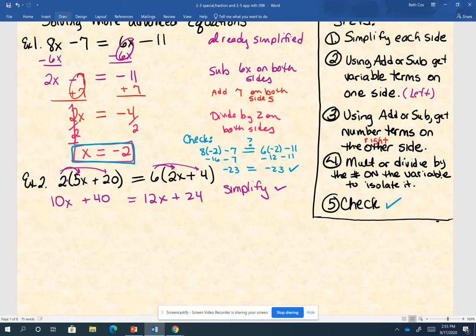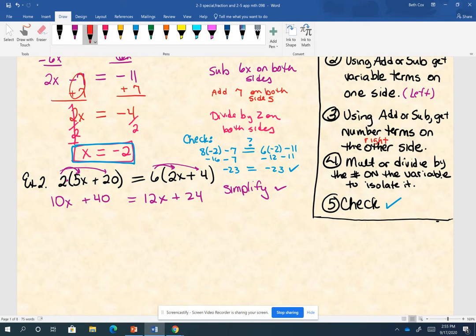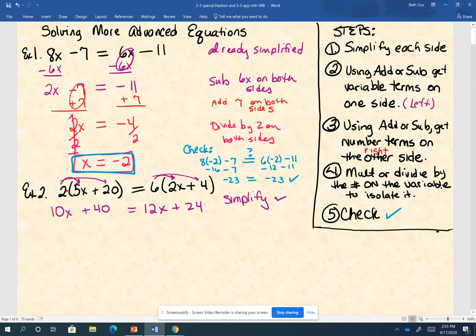Step 2. Using add or subtract, get the variables on one side. Okay, so I want this one to go away. So I'm going to subtract the 12x on both sides of the equal sign. That's 0. And I get 24 on the right, and I'm going to get a negative 2x plus 40 on the left.